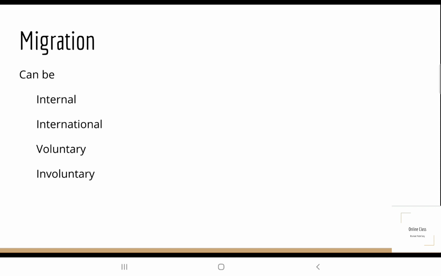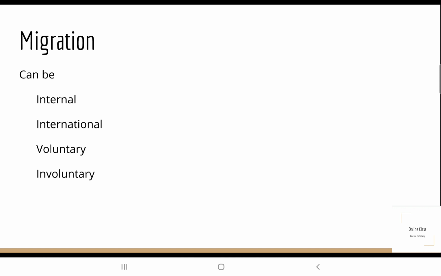It's often temporary, but that's internal migration. International migration is where people move from one country to another country. Voluntary migration is where people decide to move. They have a choice. They can either move or they can stay, but they decide to move. So that's voluntary. And involuntary migration is when there's no choice, but they have to move.